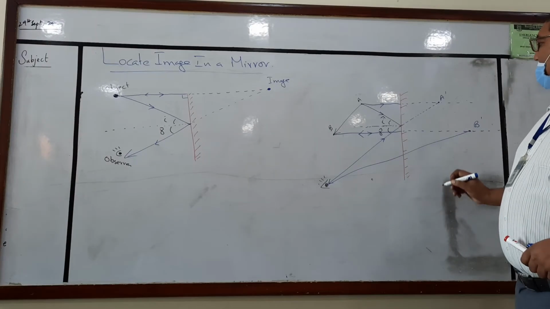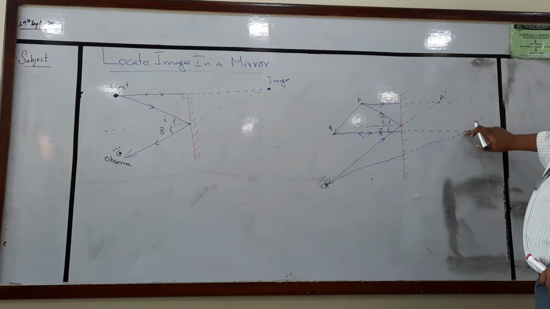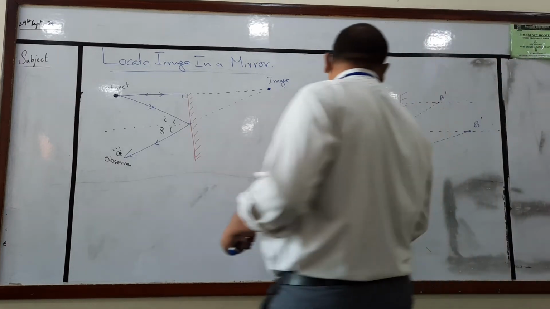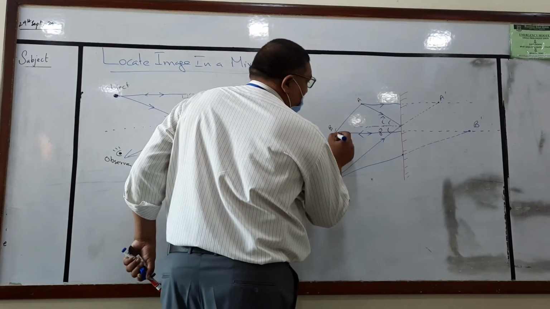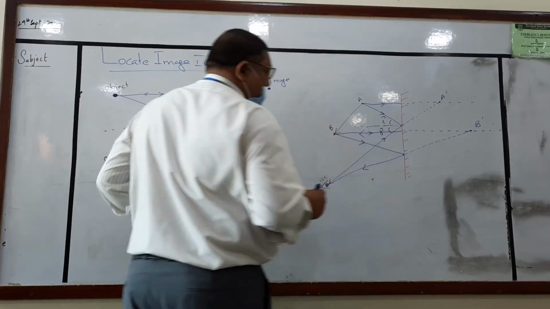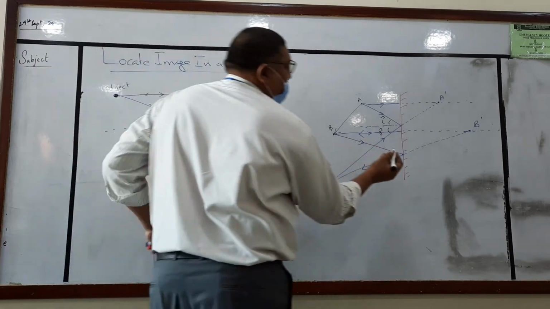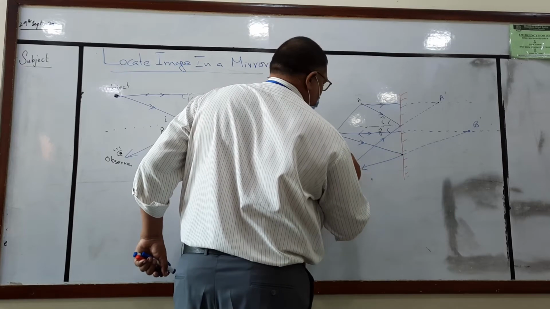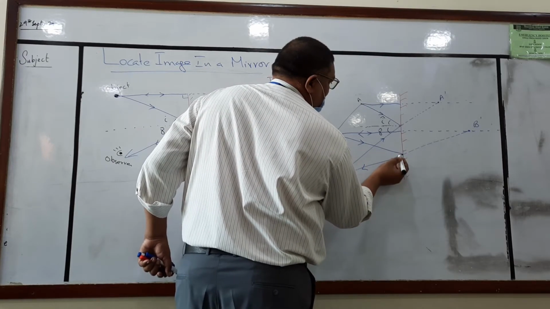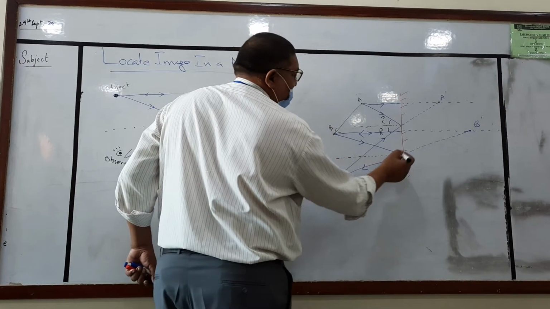Okay, you see, this line behind the mirror should be dotted. Then I will join this point with the B. I can draw here the normal, which makes 90 degrees.